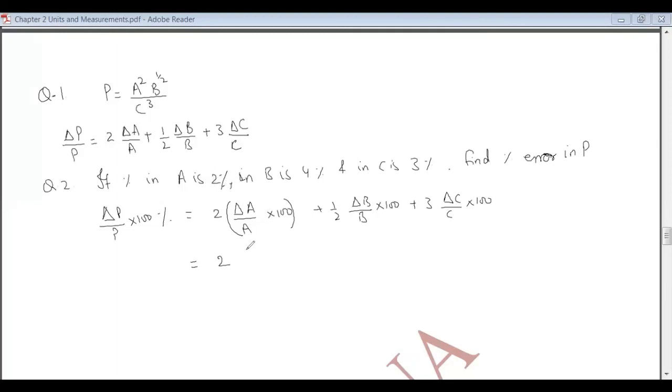Half delta B upon B into 100, the percentage error in B, is given as 4%. Plus 3 times delta C upon C into 100, the percentage error in C, is given as 3%. So the answer is 4% plus 2% plus 9%, that is, equal to 15%.